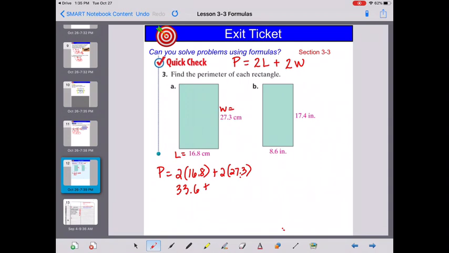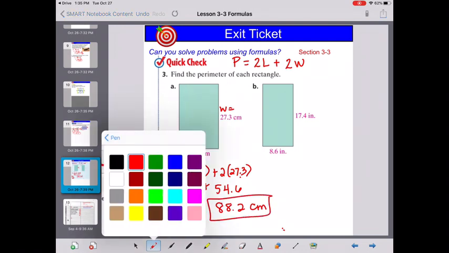And then 27 and 3/10 times 2 is 54 and 6/10. When I add those two together, let's do a little side problem here. 88 and 2/10 centimeters is the distance all the way around that shape.